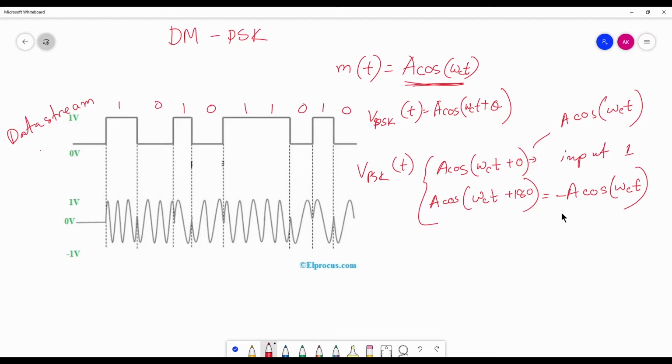So this is for input 0, and this is for input 1.